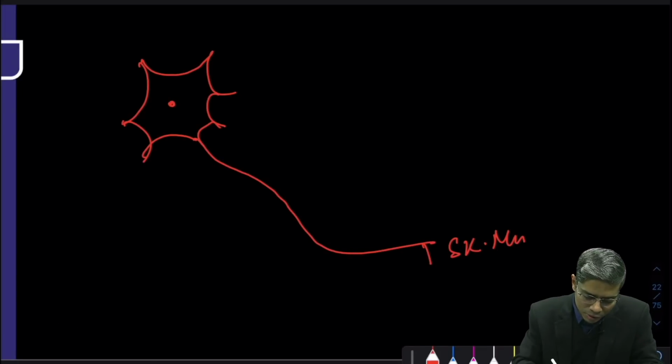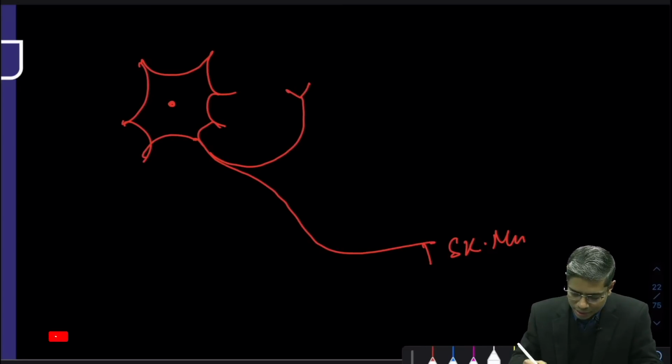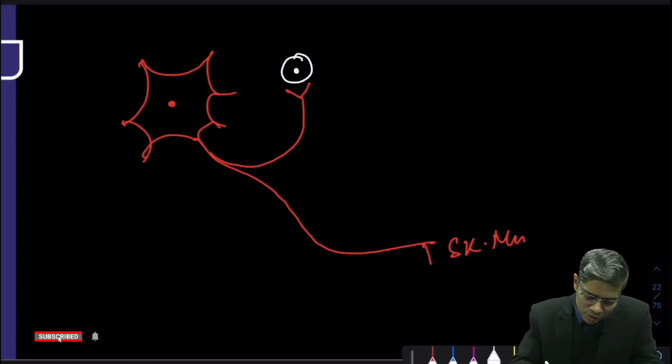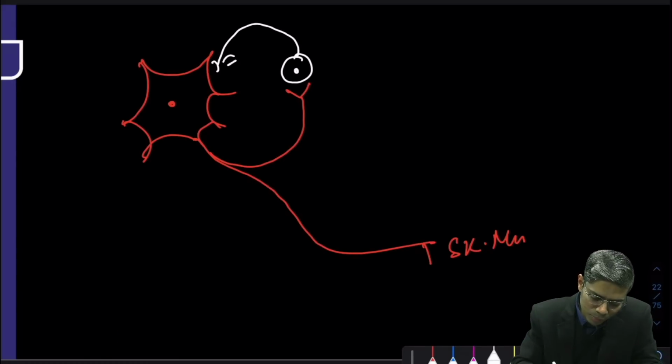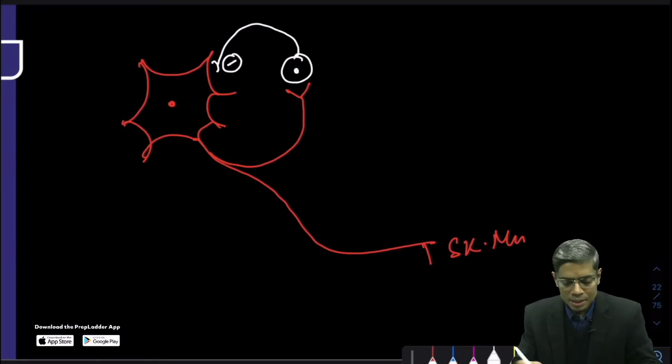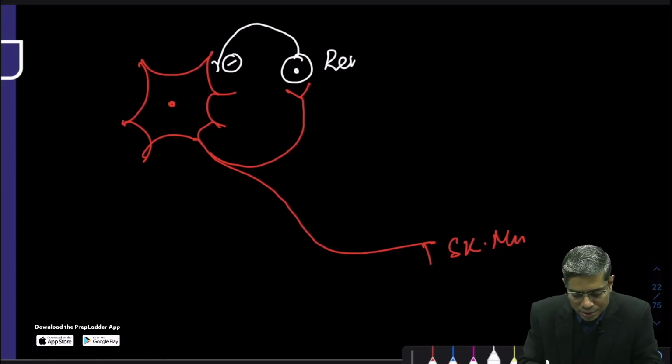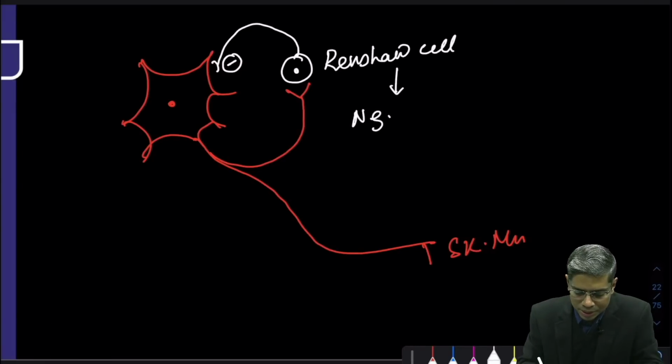There will be a branch from this motor neuron. This branch is going to act on an inhibitory interneuron, and this inhibitory interneuron is inhibiting the same motor neuron. This white colored cell is known as Renshaw cell. Renshaw cell inhibition is a negative feedback inhibition.